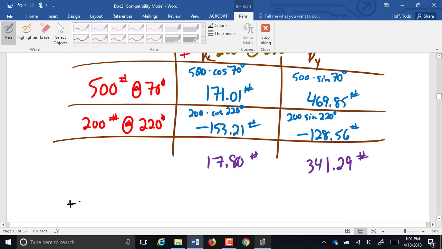So what that means is we go over 17.80 and up 341.29. Both are positive, so we're in that first quadrant.